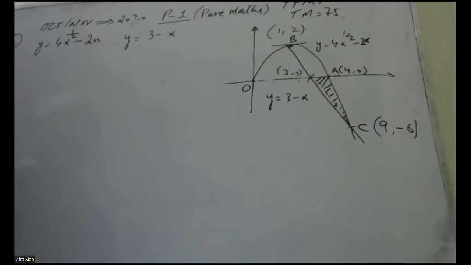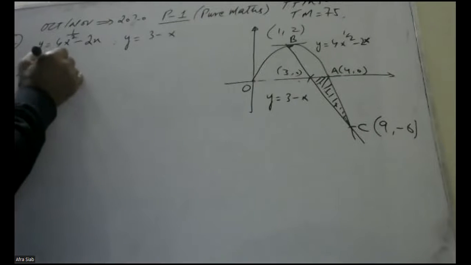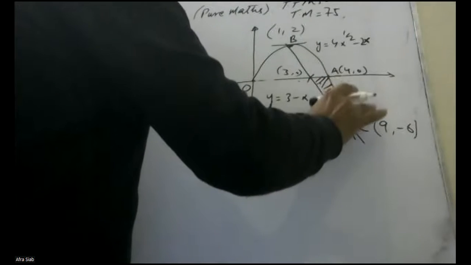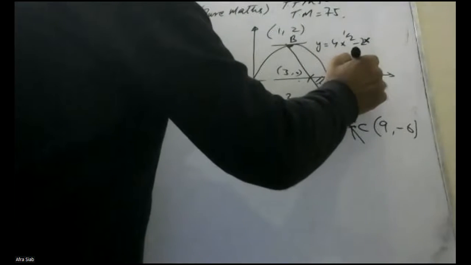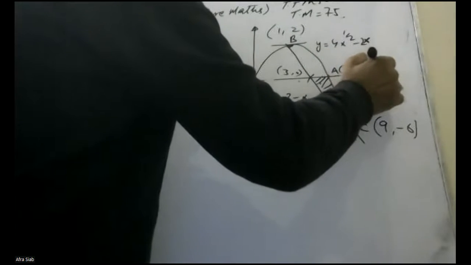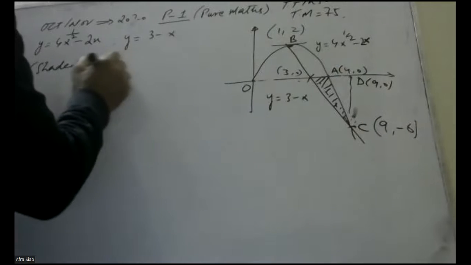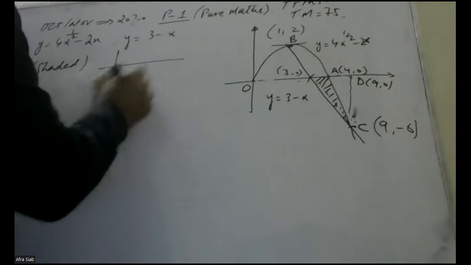So for the area of the shaded region in part C, if we can draw a triangle from this point C on this line, then this point D is (9, 0).